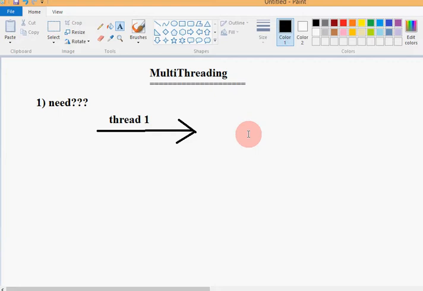That is the reason the multi-threading concept came into the picture. Due to this waste of pause time, the programmer's execution takes more time.